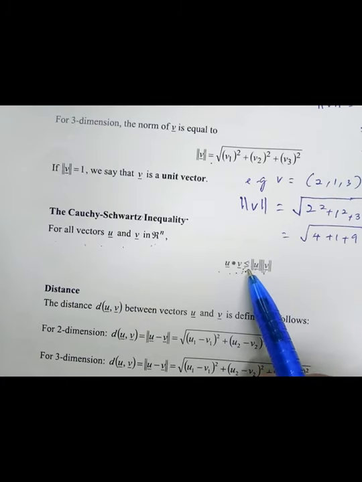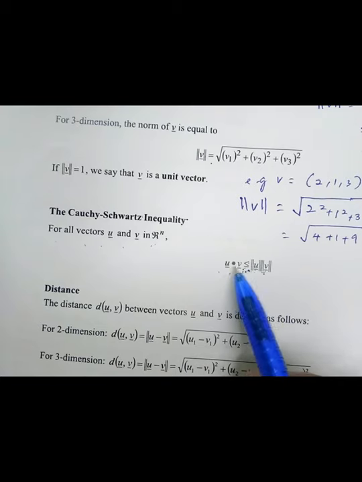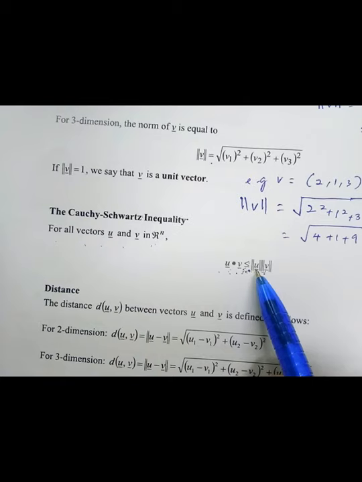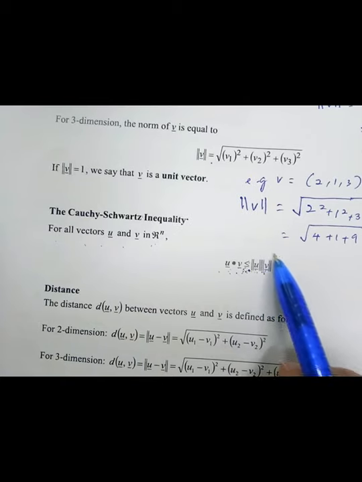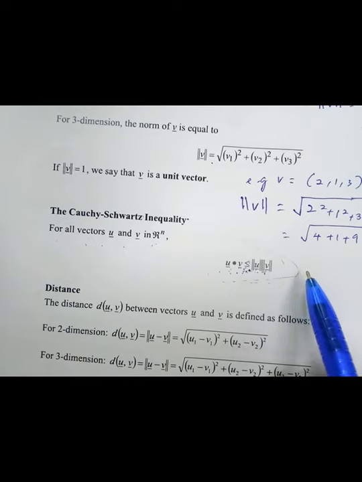So the dot product of u and v must be at most the multiplication of length u and length v. This one can be proven.